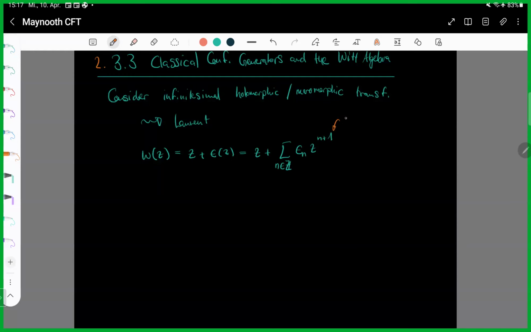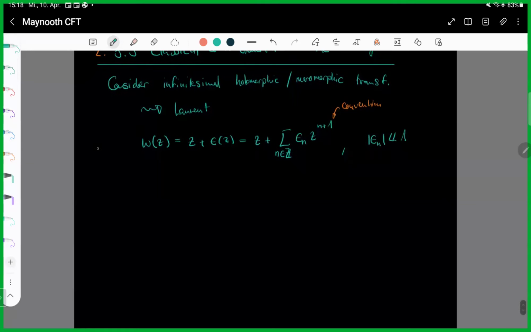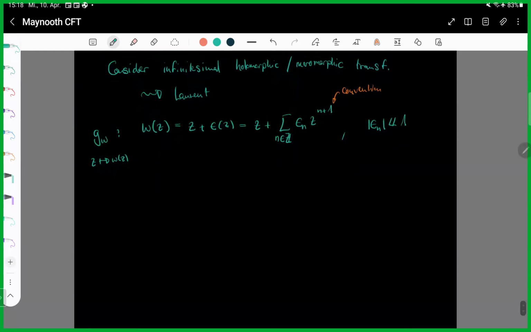And this 1 here is just convention, and you'll see in a moment why it's convenient. I want the complex parameter epsilon_n to be small. In principle, I'm going to say that there is a transformation G_w, which implements the change of z to w(z). It's not going to be super crucial though for what we're going to do.